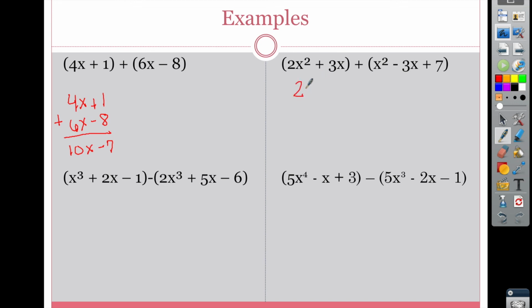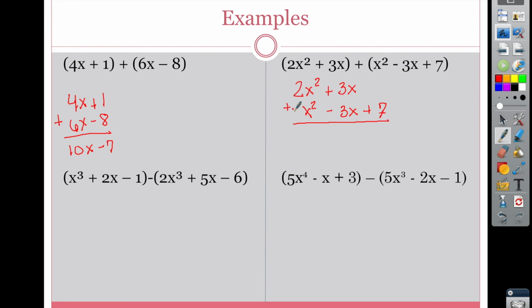So we have 2x squared plus 3x plus x to the second power minus 3x plus 7. So make sure that you align your like terms. So 2x squared needs to go with x squared, and 3x needs to go with negative 3x. And then our 7 is off to the side. Okay, now let's add.